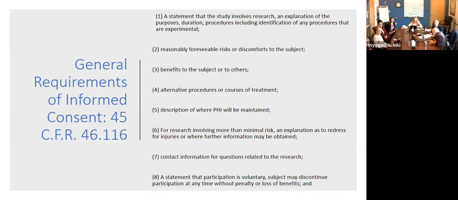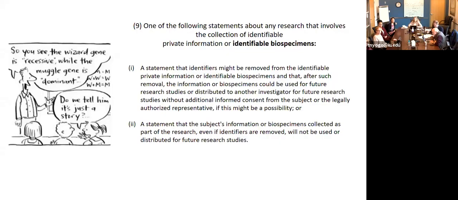So if you are doing human subjects research, you must obtain a detailed consent that includes a statement of what the study is and foreseeable risks and benefits and alternatives and all this other stuff. And in addition to that, if it's going to include an identifiable biospecimen, you must have these two additional elements of consent, indicating the potential for future research and those sorts of things.